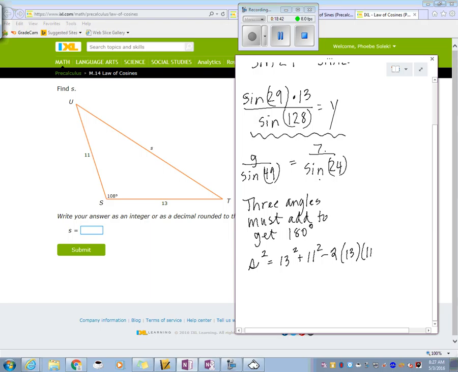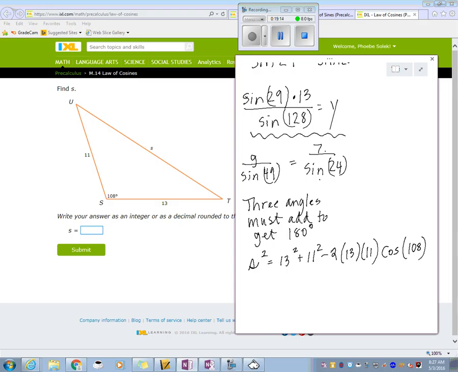It's times the two sides, times the cosine. So I really just filled in the formula that you just wrote down. The side that you're looking for is by itself, and that's squared. And that's the other two sides squared minus 2 times the other two sides times the cosine of 108.